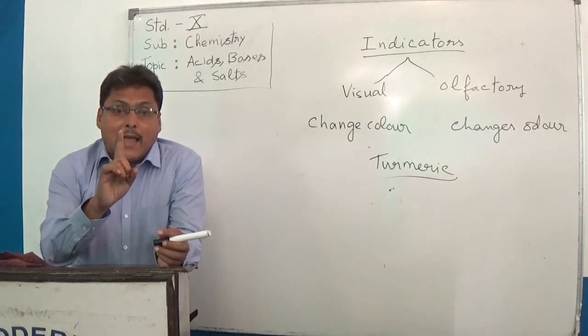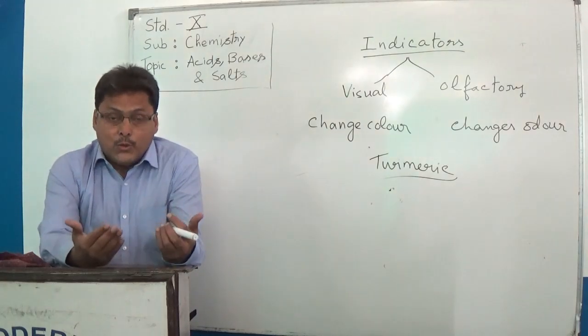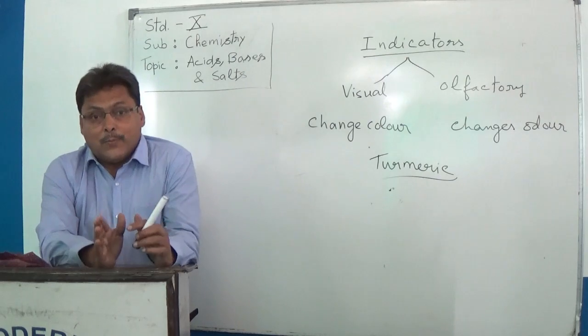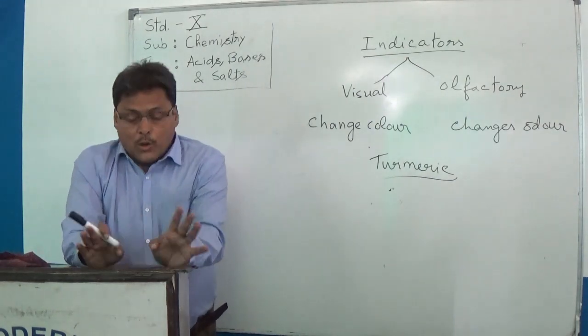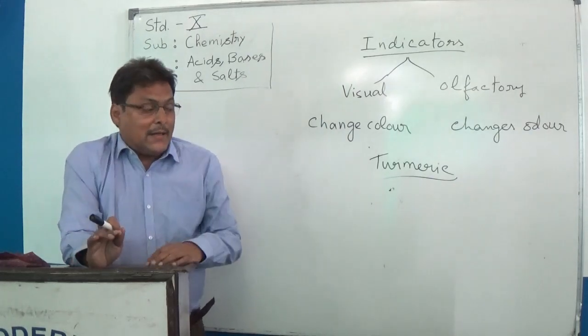So turmeric is another natural visual indicator to tell us what is acid and what is base. But it is also again not dependable because it does not prove what is acidic.